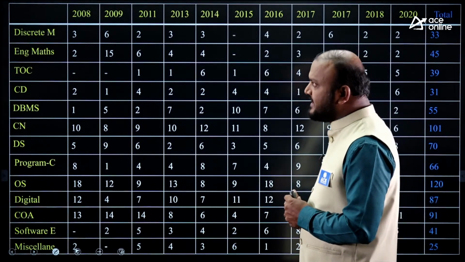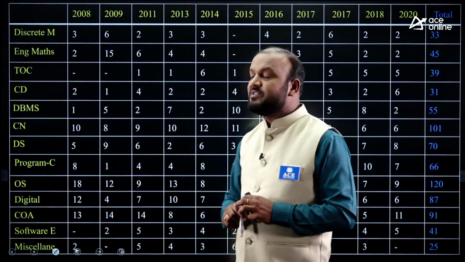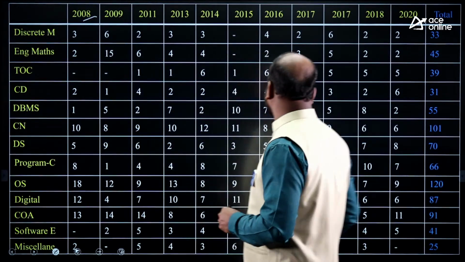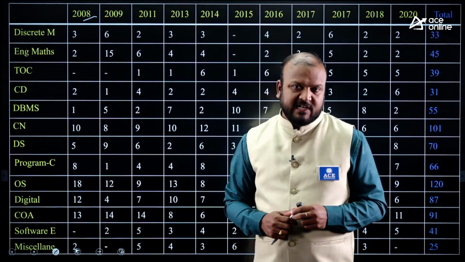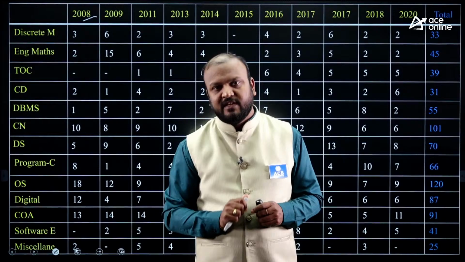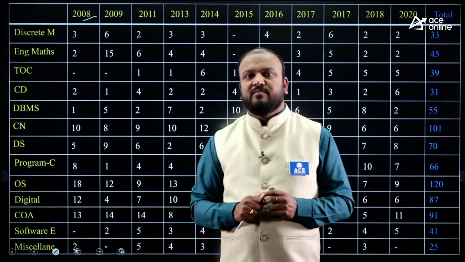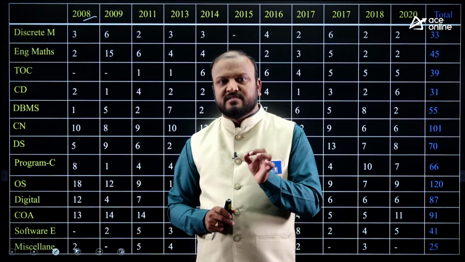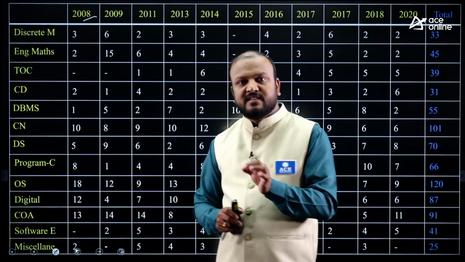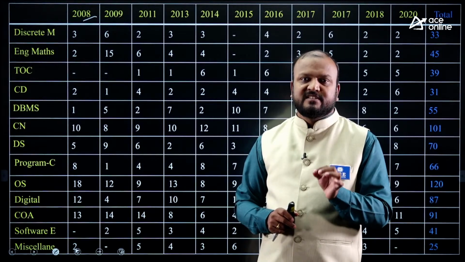I analyzed the papers from 2008 to 2020. After 2020, a notification was released again only in 2023. This time ISRO had 63 vacancies for computer science engineers.